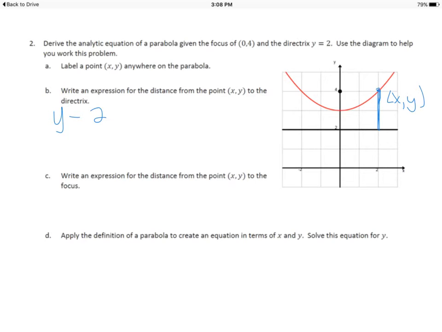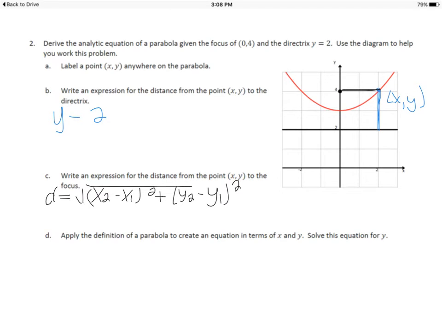So write an expression for the distance from the point x, y to the focus. My focus here is (0, 4). For that one I can plug in using the distance formula. So I have d equal to the square root of (x2 minus x1) squared plus (y2 minus y1) squared.